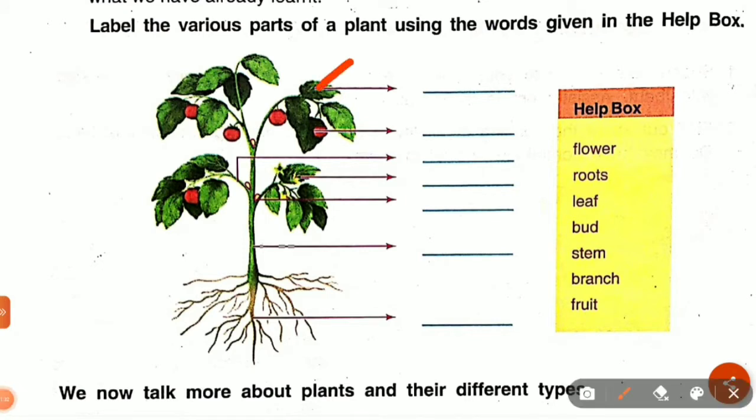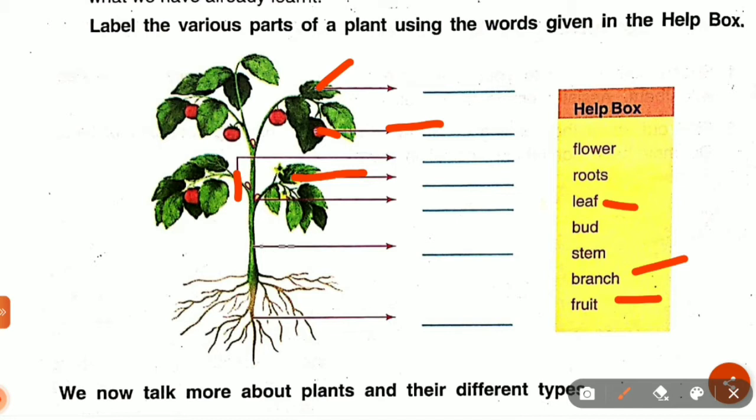What is this? This is leaf. Yes, you're right. Then what is this? This one is fruit. And what is this? This is the branch. That is correct. And what is this?